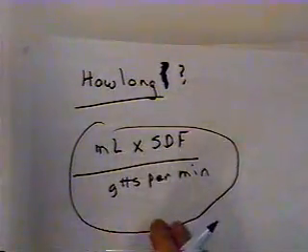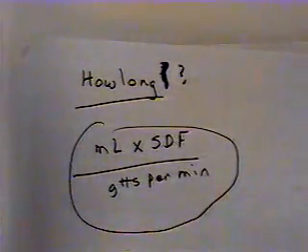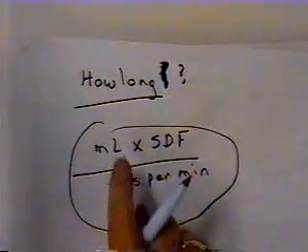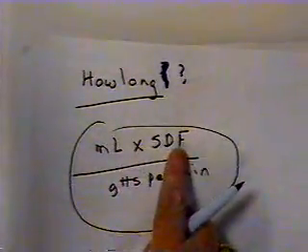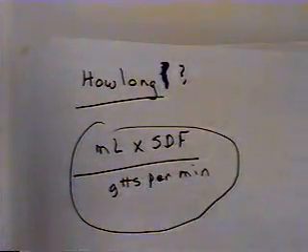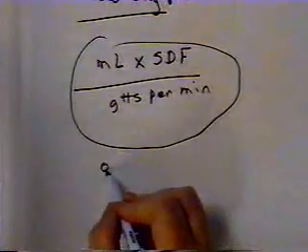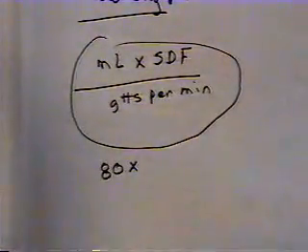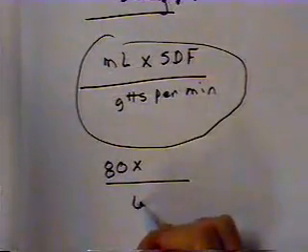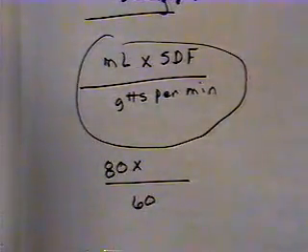Just think, we normally put minutes on the bottom, so now we're going to put the thing that has minutes on the bottom. The top is just like we've done it, milliliters times drop factor, but we put something with minutes on the bottom. So it says 800 milliliters at 60 drops per minute, the per minute goes on the bottom.